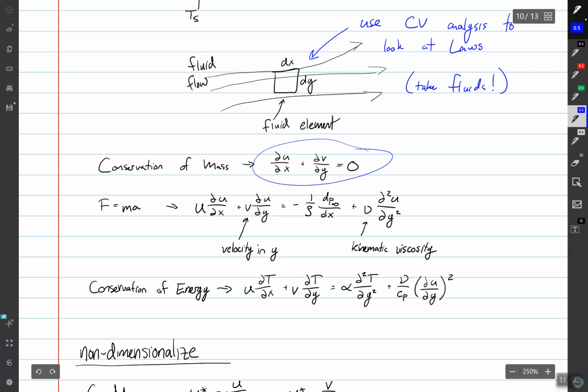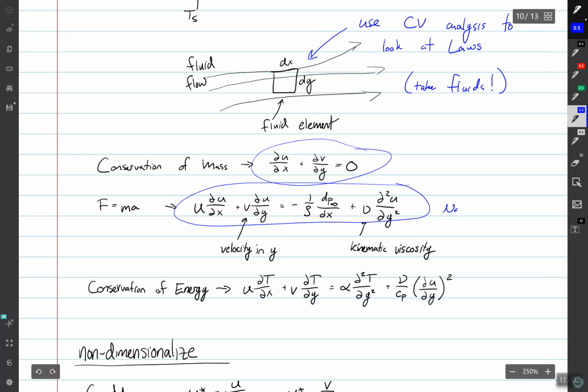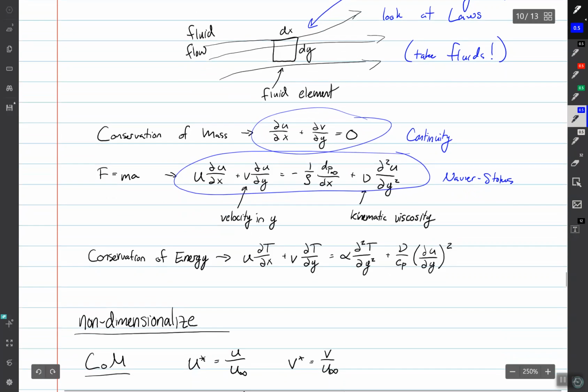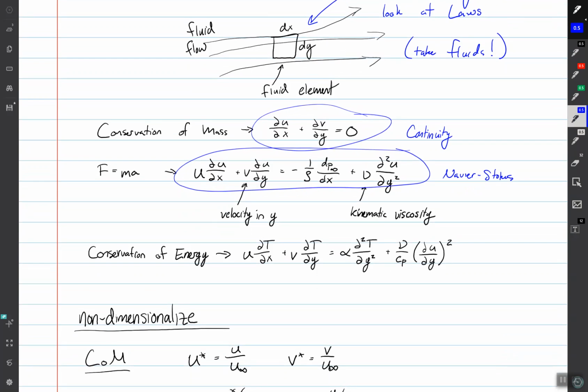So we can get a two-dimensional conservation of mass. We can get a two-dimensional F equals ma, this would be Navier-Stokes. This is our continuity equation, if you remember either of those from fluids.